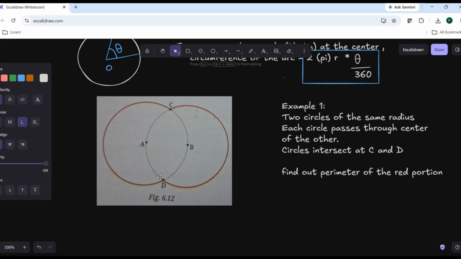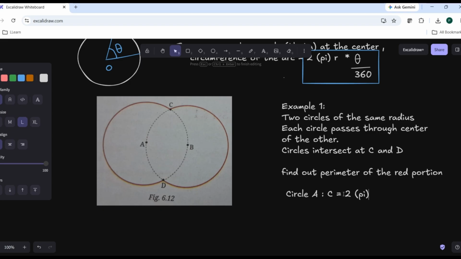Finding out the total circumference for the whole circle A is easy. For example, if we see only the first circle A, the circumference of circle A will be 2 pi r.